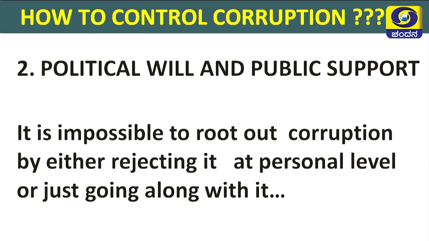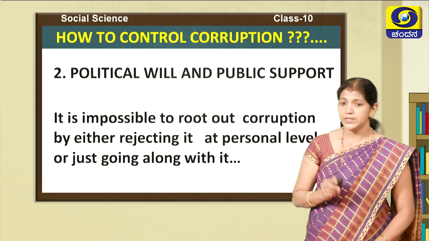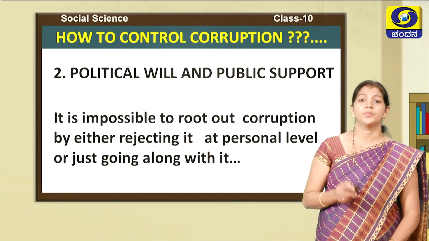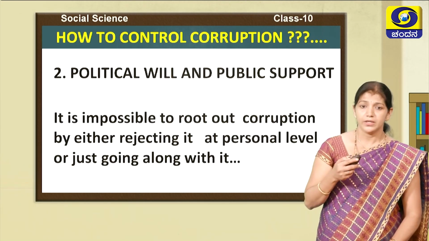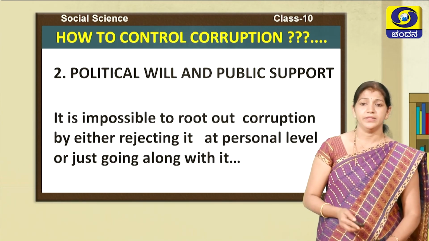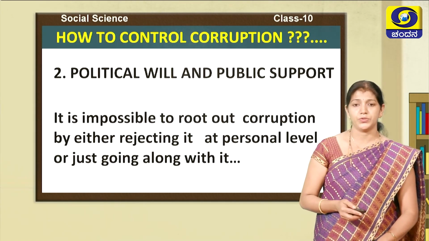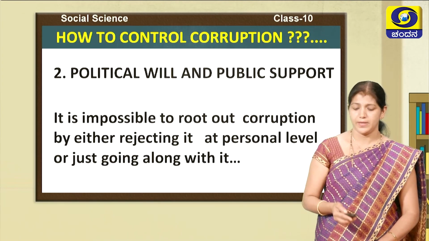It means without public support, corruption cannot be stopped in our society. So each and every citizen of the country can understand the problems of corruption and they can give some solution, and without the support of the people, we cannot get any solution to the problems of India.